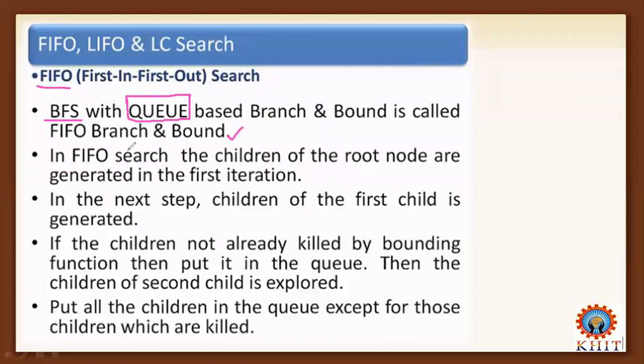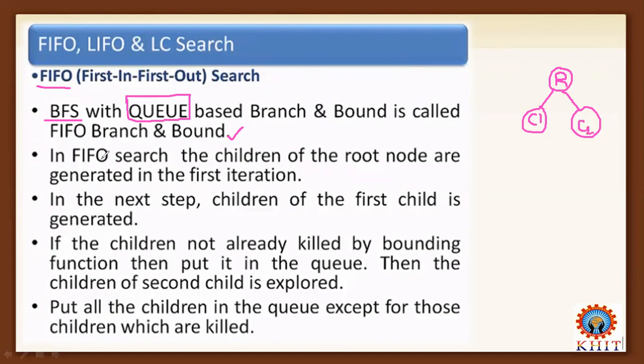In the first in, first out searching technique, the children of the root node are generated. This is the root node. For that root node, children are to be generated: C1, and the second child is generated, C2.